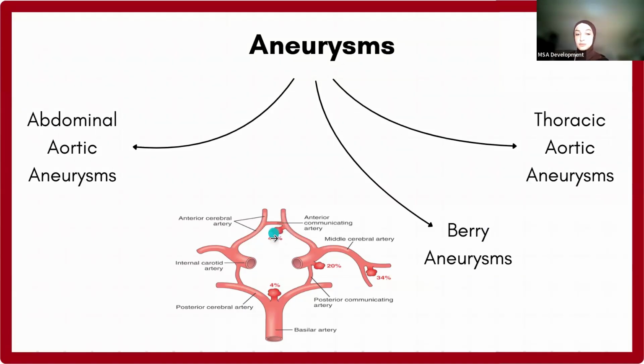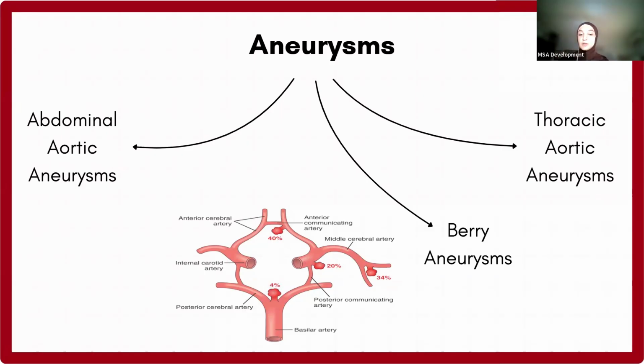It's 40. The anterior cerebral artery, I'm sorry. The anterior cerebral artery is 40%. Okay, and then you have berry aneurysms occurring in the middle cerebral artery, and then you have them occurring over here, and then you have berry aneurysms occurring in the basilar artery.